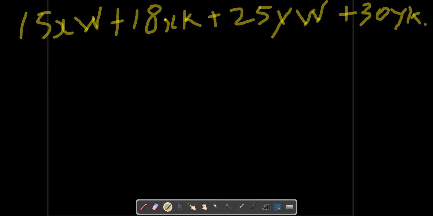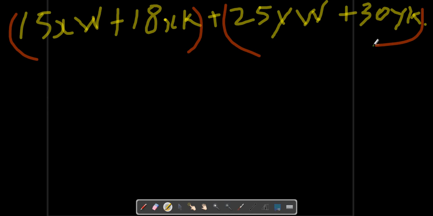So let's look at this one. Let's see what we can factorize from this expression. We should group this one and this one, and those two. Let's see what the common factors of 15 and 18 are, the x and so on.